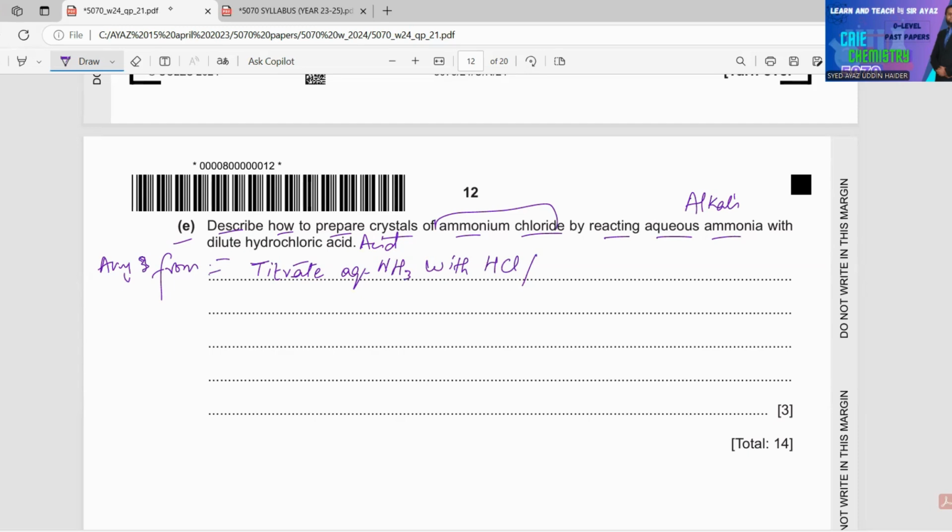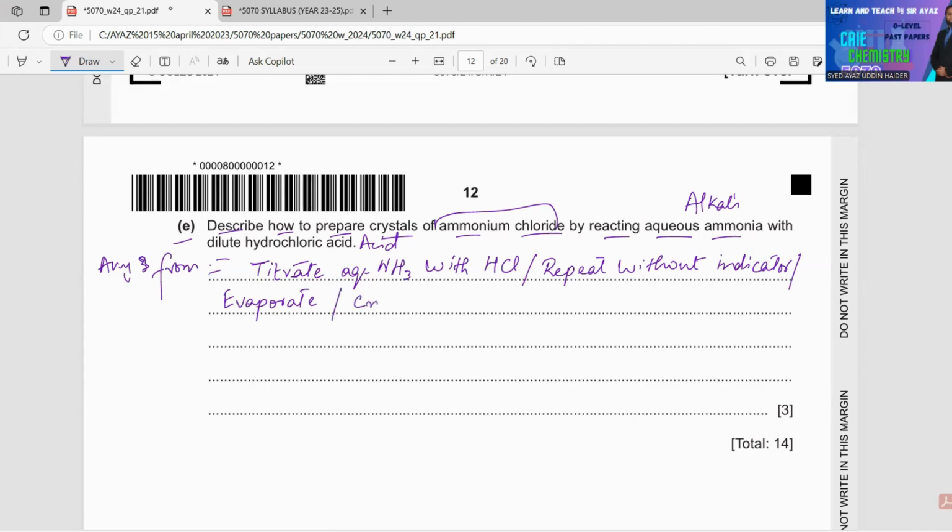Repeat without indicator. You need to add indicator in order to obtain the neutralization or endpoint. Repeat without indicator. Next point, evaporate with gentle heating.